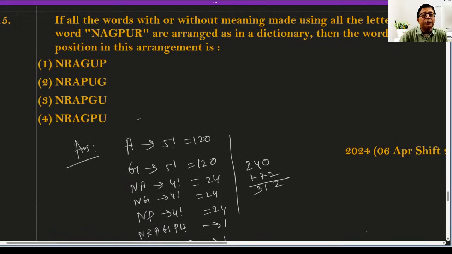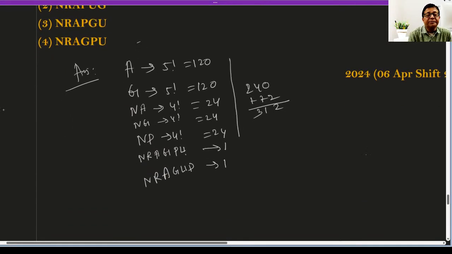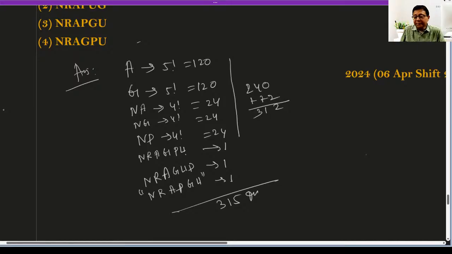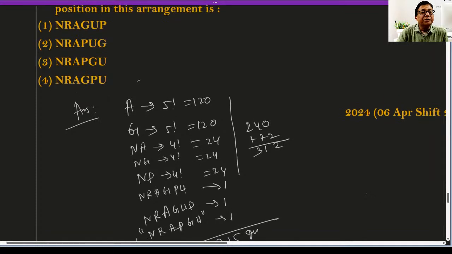Still it's coming 314, 315, that's the next one. Next one means we have taken NRAG, NRAP, then GU first. So this is 315. Okay, clear? NRAPGU, this option, number 3, is the correct one.